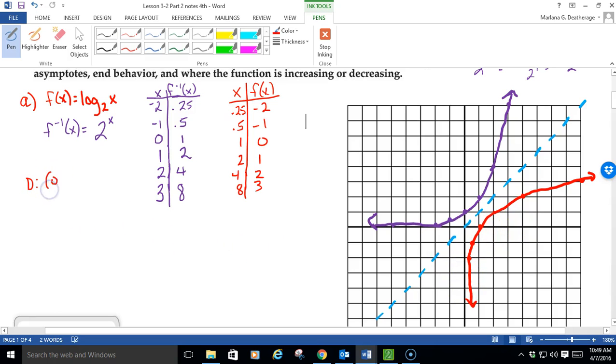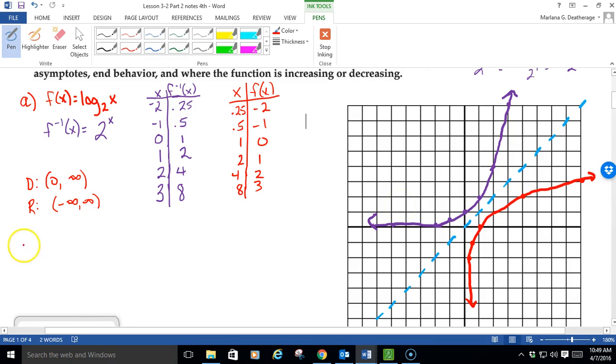And then how far does it go to the right? Forever. So your domain is 0 to infinity. Now, if you think back, that was the range on the other one, on the exponential. All right, what about the range on this one? Low to high. Good. Negative infinity to infinity, which was the domain for the purple one.